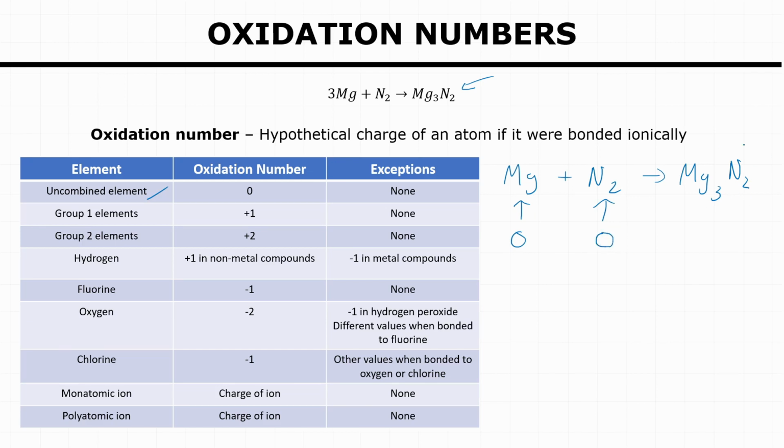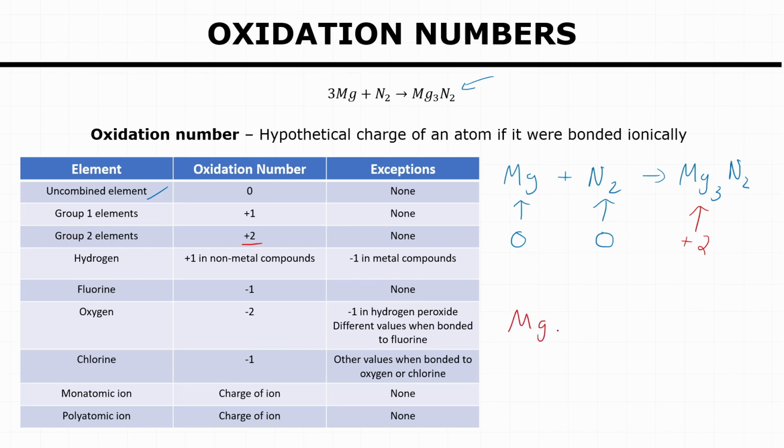Now things get more interesting over here. We have magnesium nitride, and so we have to figure out what the charges of the magnesium and the nitride are. Now magnesium is a group 2 element, so its oxidation number is +2, and there are no real rules for nitrogen, so you have to figure out what the charge is based on the charge you have here, and knowing that the entire charge of the compound is 0.